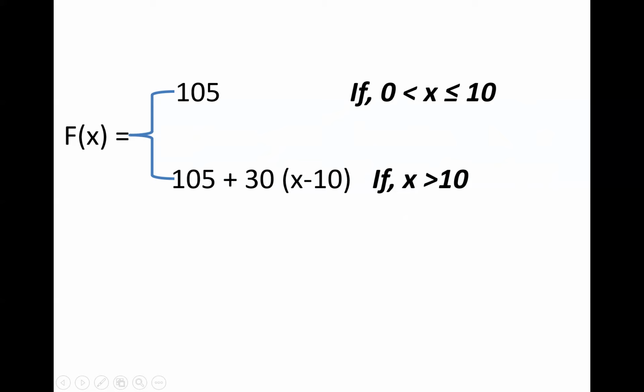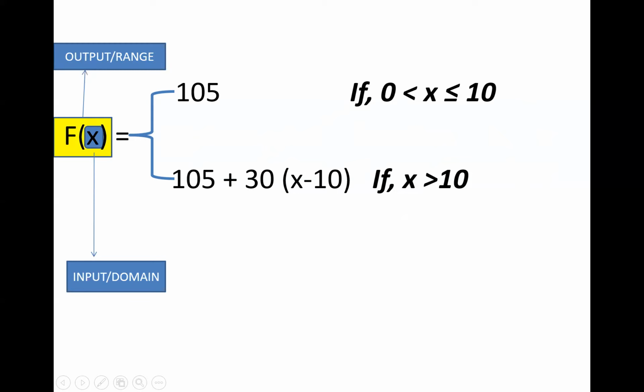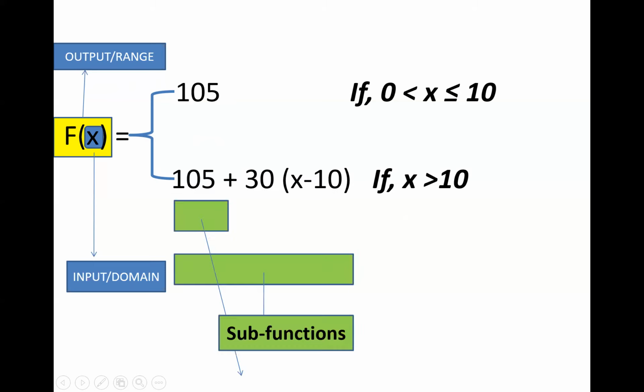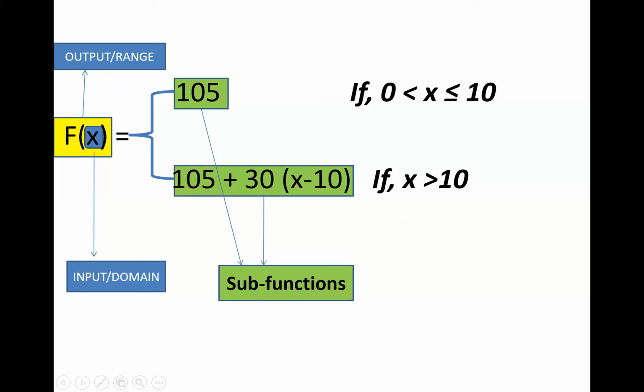Okay? Ang x natin dito ay ang ating input o ang domain, yung independent variable natin. Okay? Ang kabuuan ng f, function of x, ang tinatawag nating output o ang range. Samantalang, ang 105 and 105 plus 30 quantity x minus 10, siya ang ating subfunctions. Na actually, makikita natin sa argument, sa word problem natin mismo.